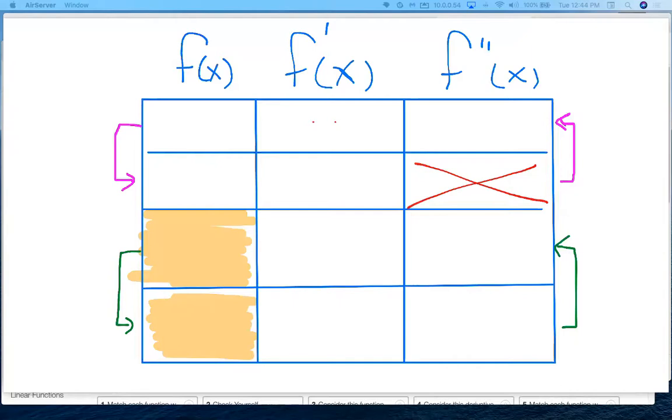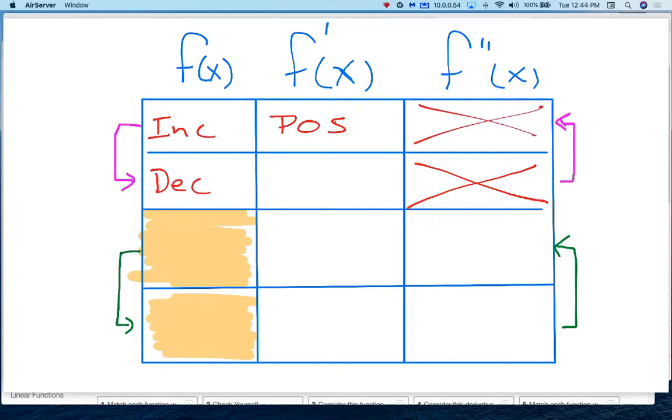So this is where if F is increasing, then F prime is positive, and we don't get anything from that one. If F is decreasing, then F prime is negative. We'll fill in the orange ones when we talk about concavity, whether a graph is concave up or concave down.